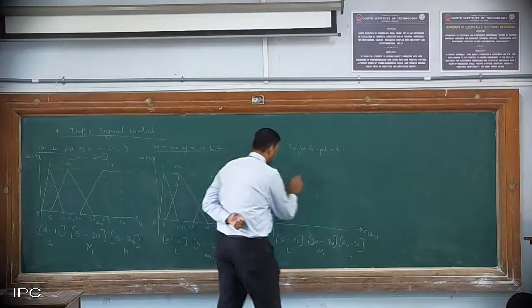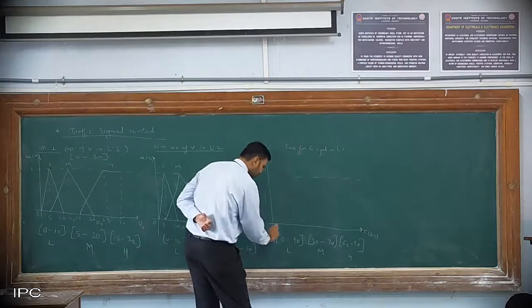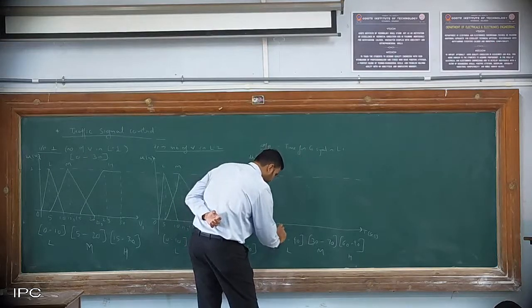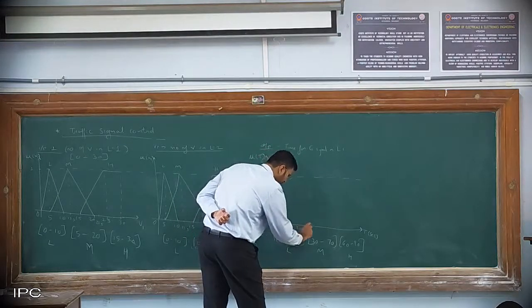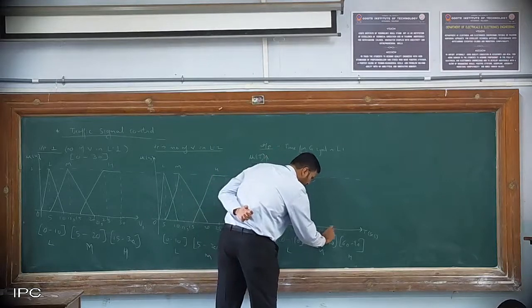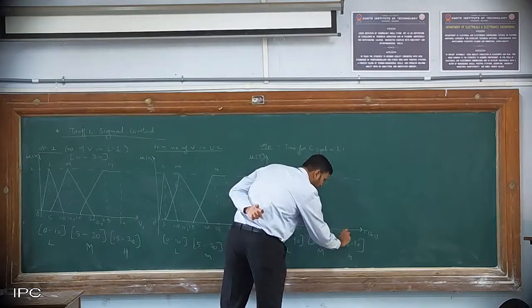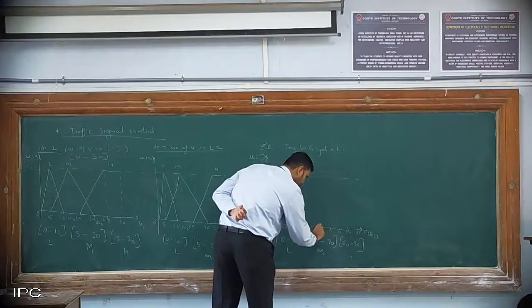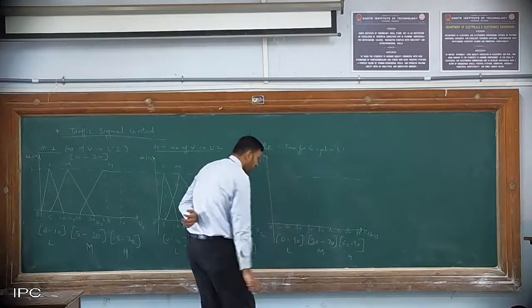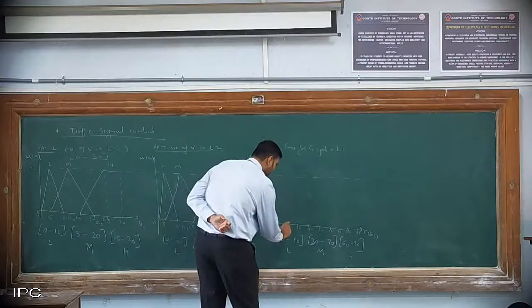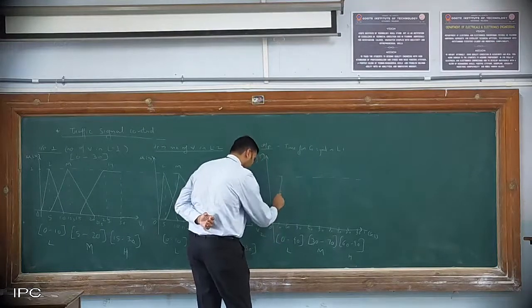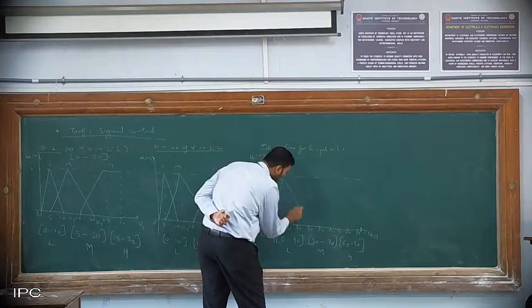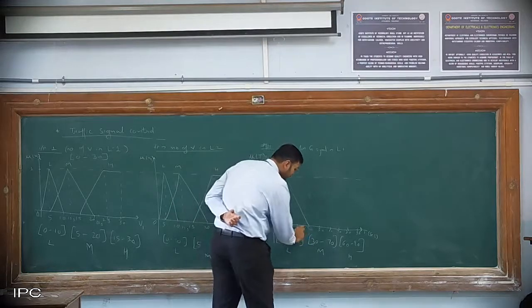Fine. Again the same thing. So 0, 10, 20, 30, 40, 50, 60, 80. Fine. So 0 to 40. Center is what? 20. So 0 to 40 we have drawn one thing. Next, 30 to 70.